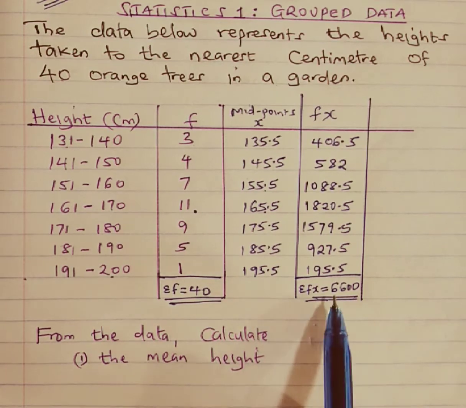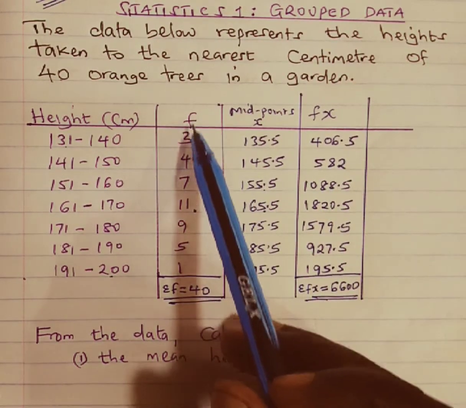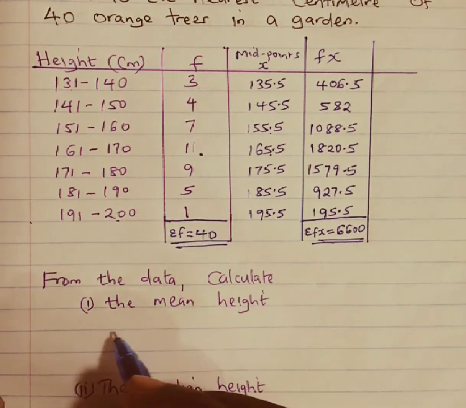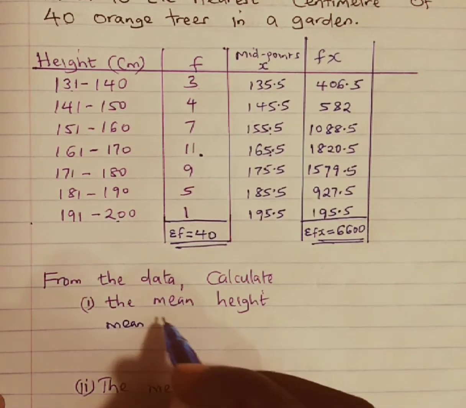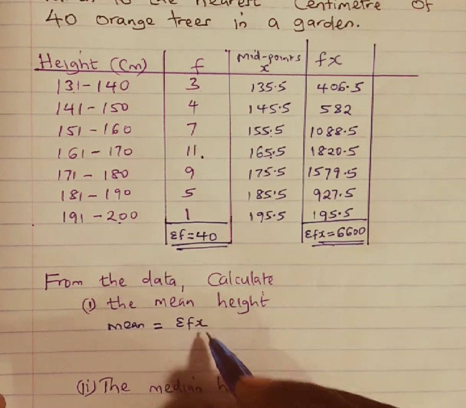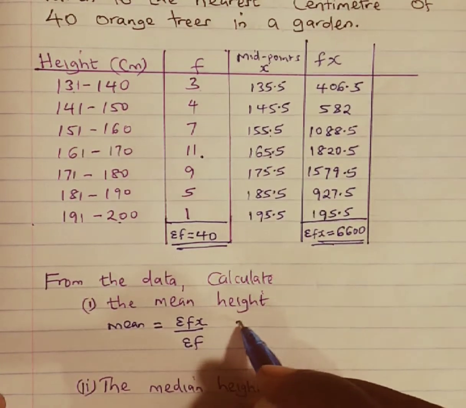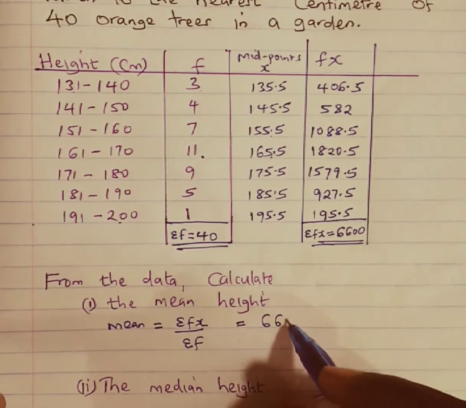Having gotten the summation of fx and the summation of frequency, now we can calculate the mean. To get the mean, we take the summation of fx, we divide by the summation of the frequency. The summation of fx is 6600.